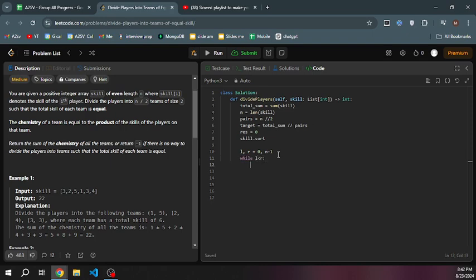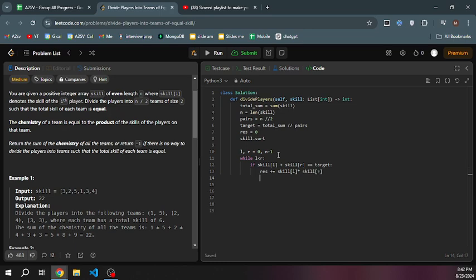While left is less than right, we are going to check if skill of left plus skill of right is equal to our target. If this condition is satisfied, our result is going to be incremented by the multiplication of skill of left times skill of right.